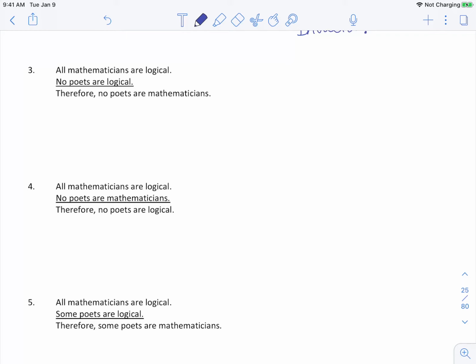Okay, we have all mathematicians are logical. And we have no poets are logical. Therefore, no poets are mathematicians.